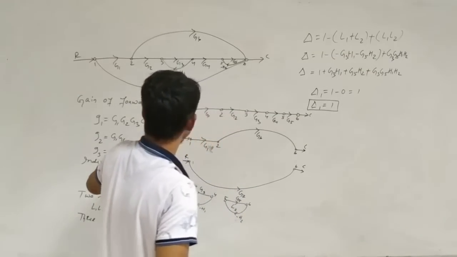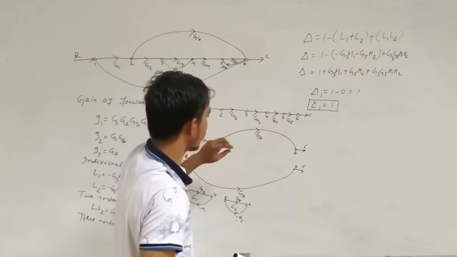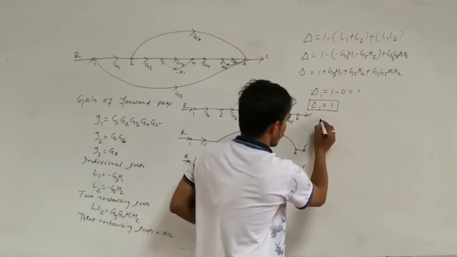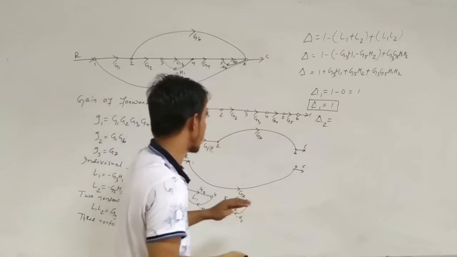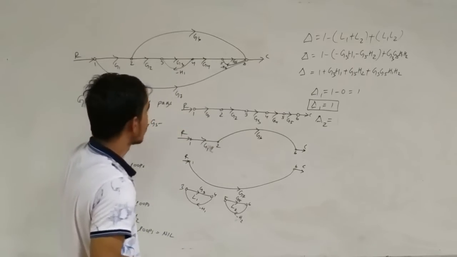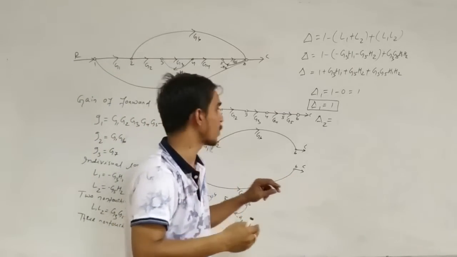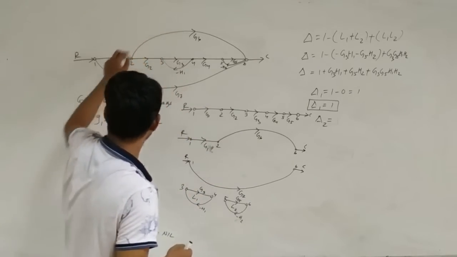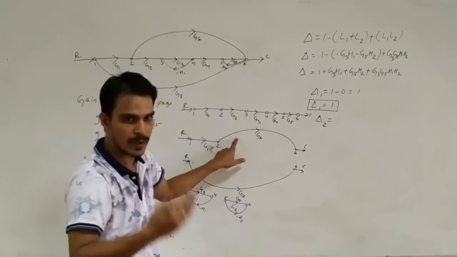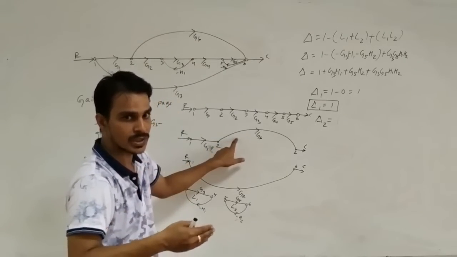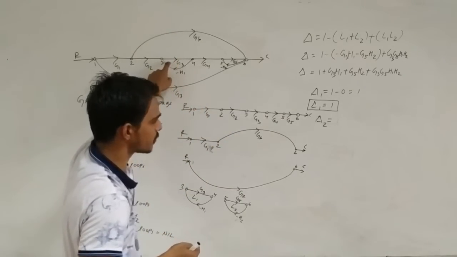Okay. Similarly, we have to consider delta k equal to 2, for the second forward path. Is there any loop which is not touching this second forward path? See, the second forward path is what? G1, G6. Is there any loop which is not touching this forward path? Yes, this loop is not touching this forward path.